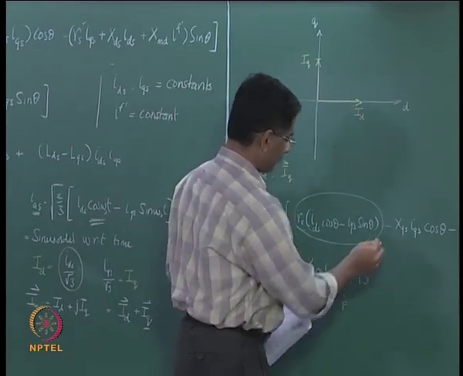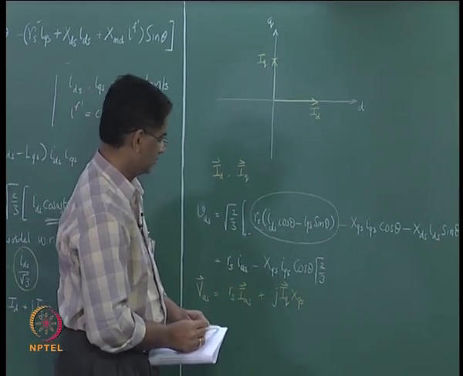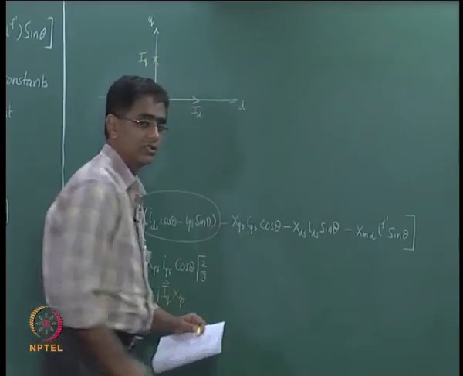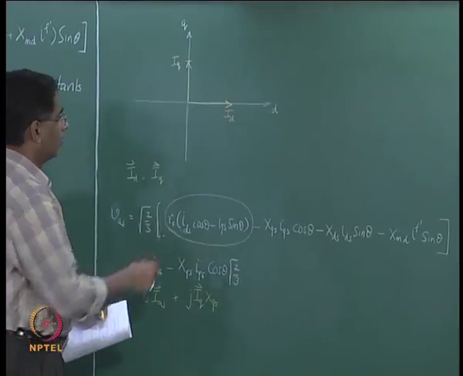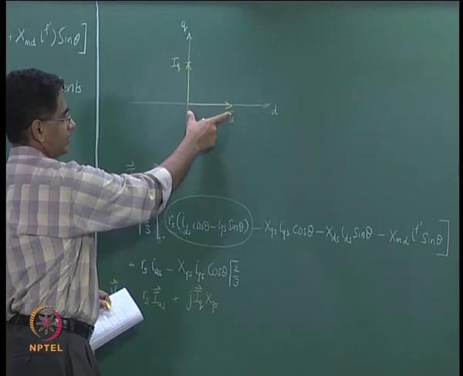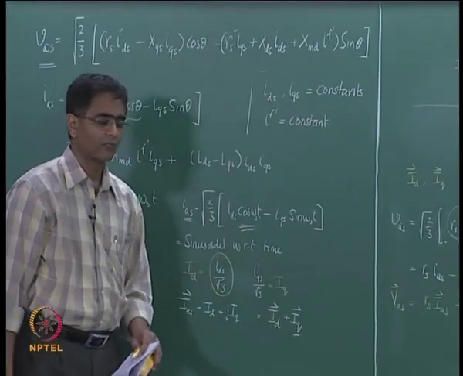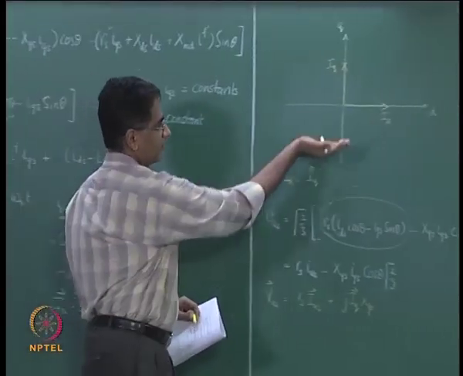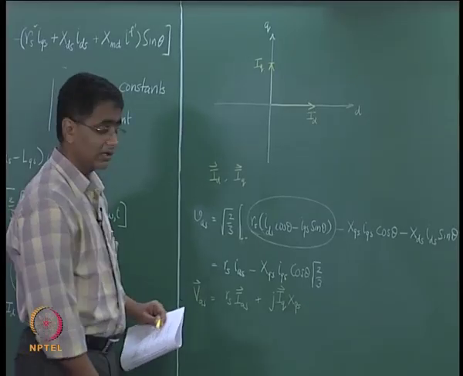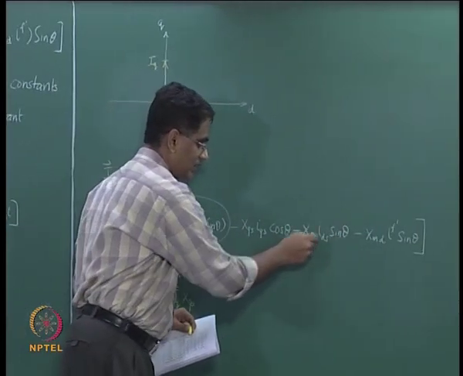Now let us come to this one. This is IDS into sin theta. Now IDS, this representation as a phasor for IDS represents IDS cos theta, and if this phasor is rotated by 90 degrees, you would then get a phasor representation that has to be given as IDS sin theta with a minus sign.